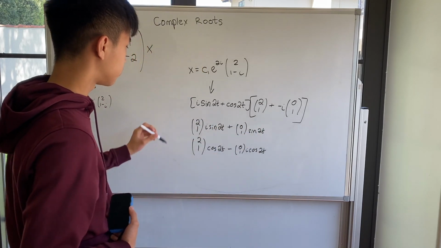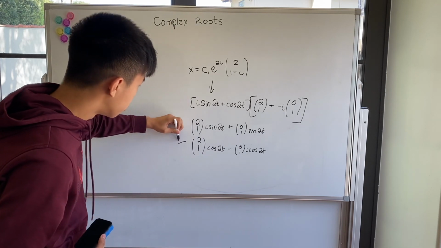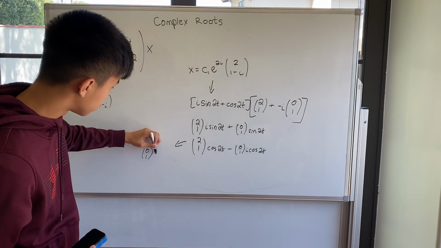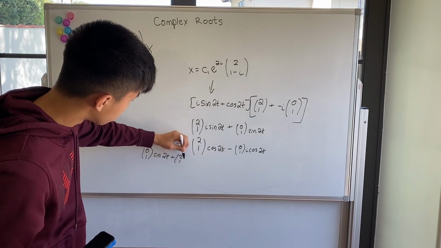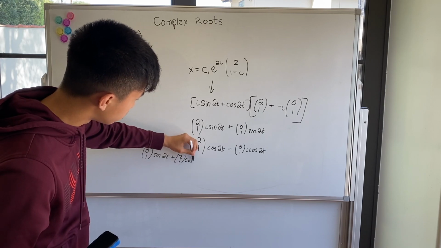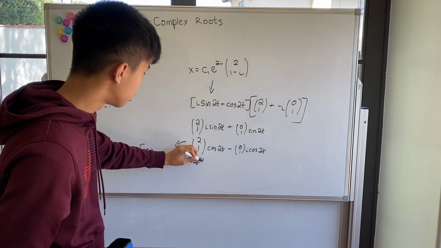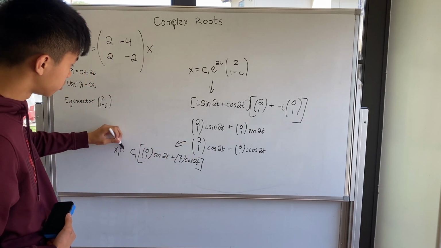Then we can group the non-i's together, so we get 0, 1 sine 2t plus 2, 1 cosine 2t. And then we can add C1 because the constant doesn't change. So that's our first solution.